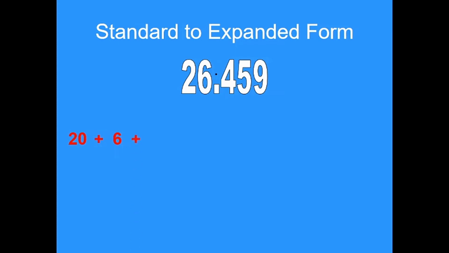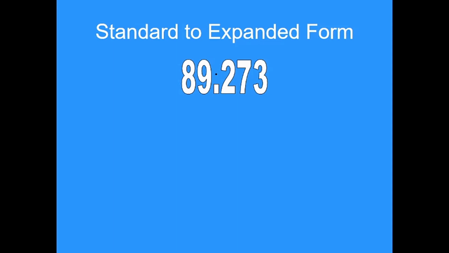Plus, our first decimal, under tenths place, it's 4 times 1 over 10 plus our second decimal, 5 under hundredths place, so 5 times 1 over 100 plus our last decimal, 9 times 1 over 1000, and this is your expanded form.